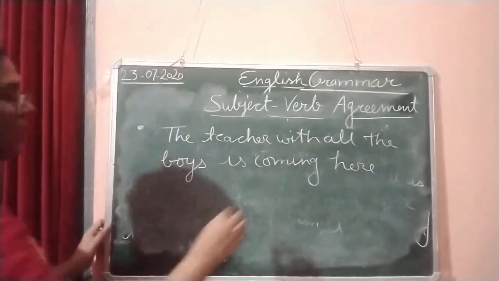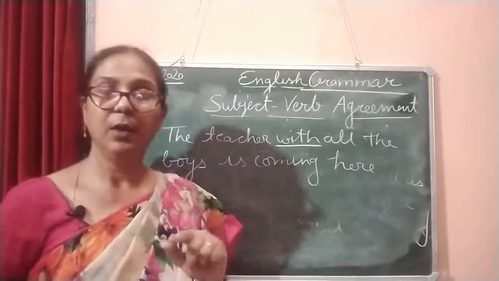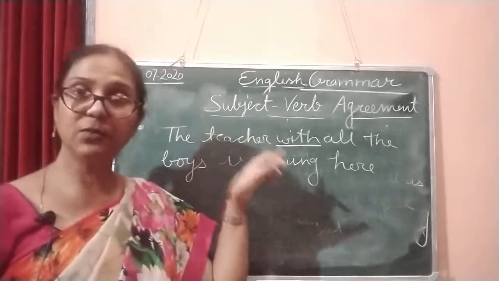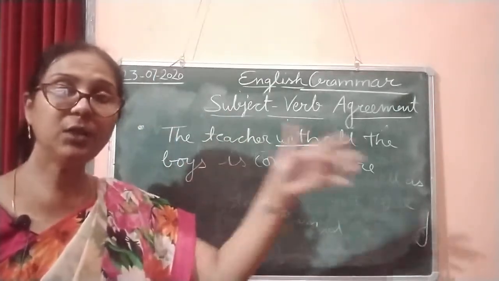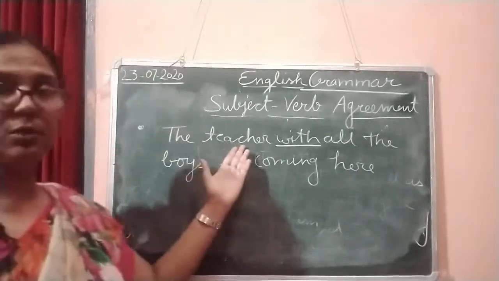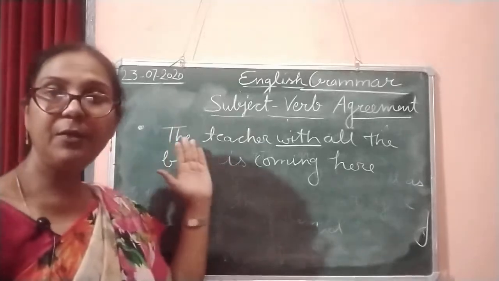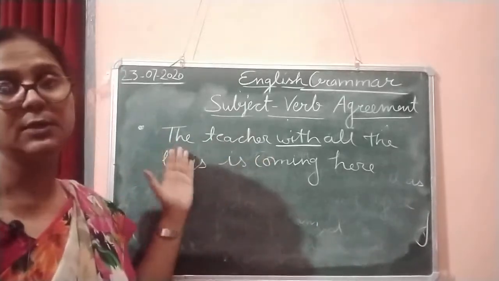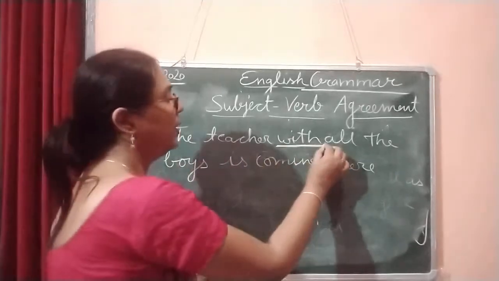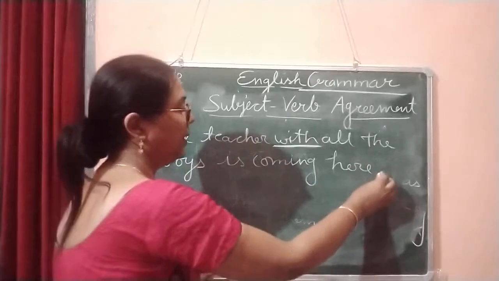Here you can see it is written "with". I told you if the noun or pronoun is joined with "with" or "as well as", we change the verb only according to the first subject. So the teacher with all the boys is coming here.